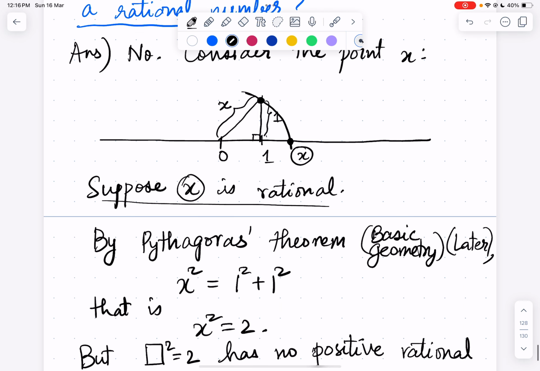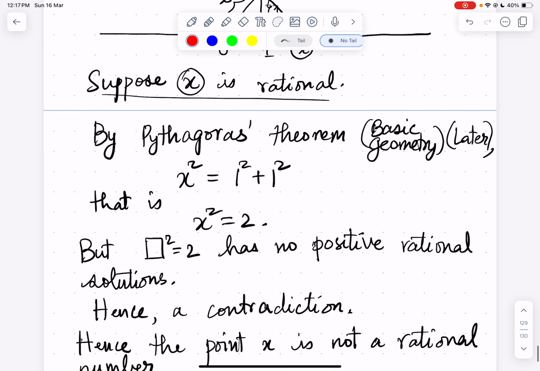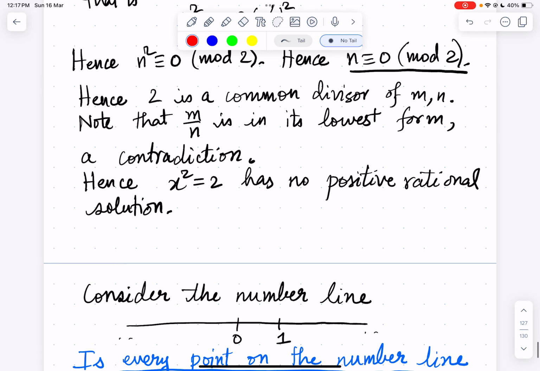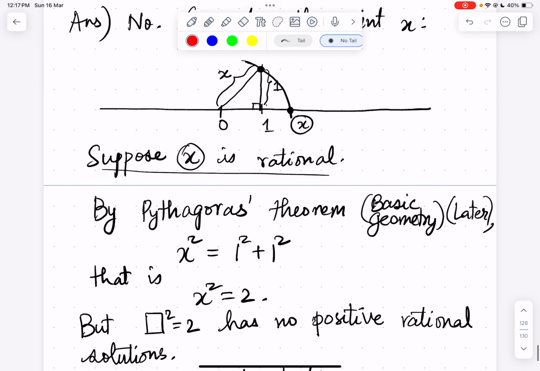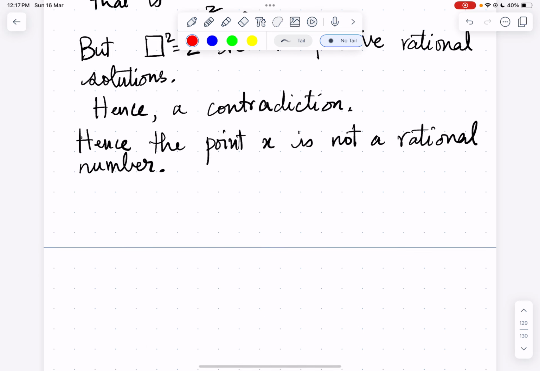We found this point by looking at the hypotenuse of the right angle triangle with side lengths 1. That length is not a rational number. Supposing it is rational, the square of the rational number is 2, but x square equals 2 has no positive rational solution. Hence our initial assumption that x is rational is false. The point x is not a rational number.